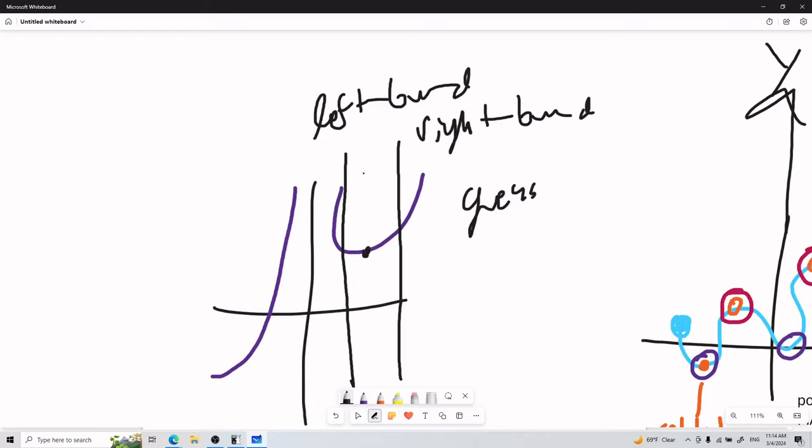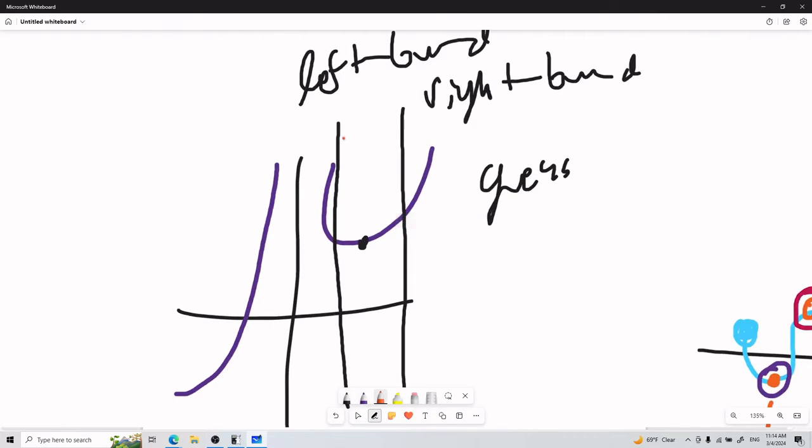So I'm going to pick here. What this does is that your calculator goes ahead and scans this area from the left bound to the right bound. It sees which minimums it finds, and it uses what you guessed for to pick that minimum.